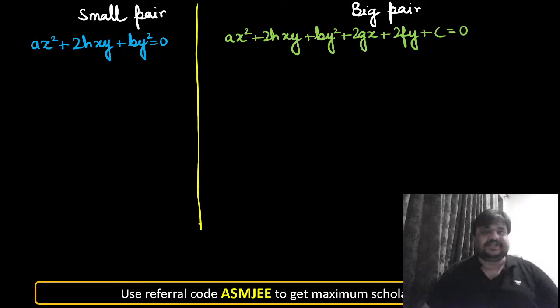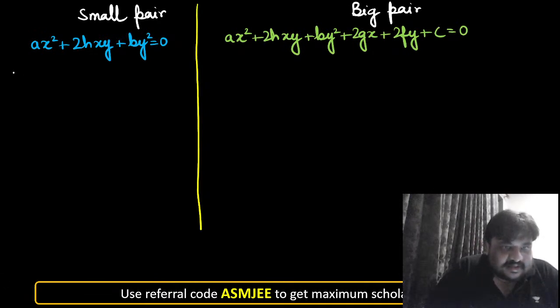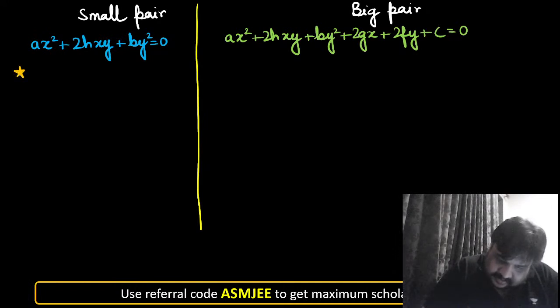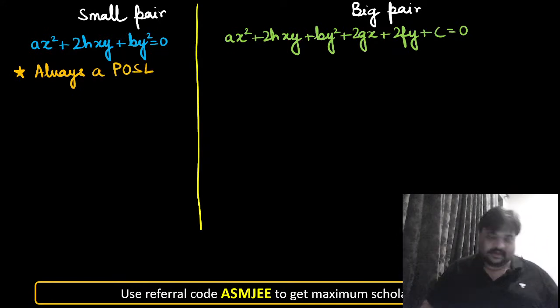So there were some conditions. The first thing that we noted was that this is always a pair of straight lines. Do you remember? Always a pair of straight lines. What about this one?